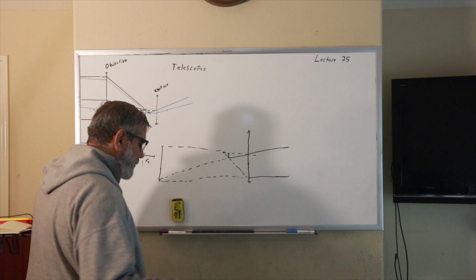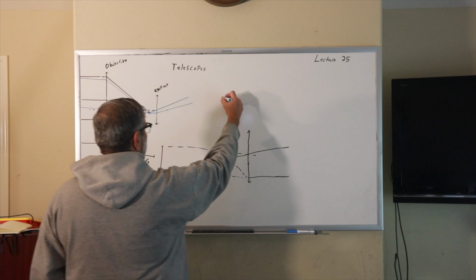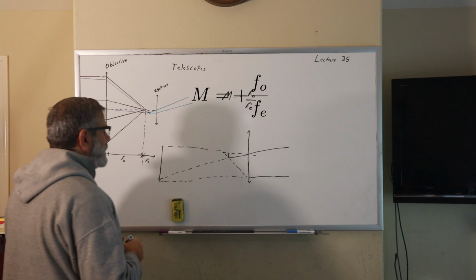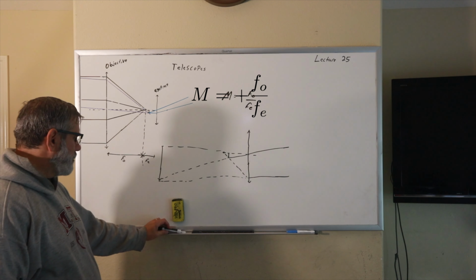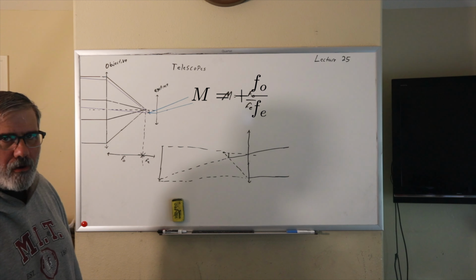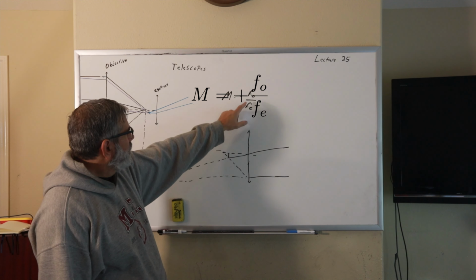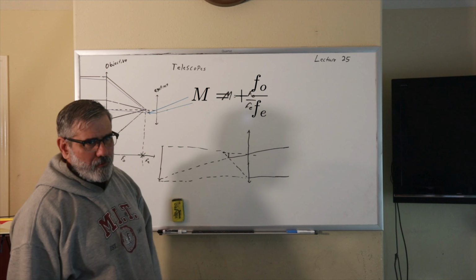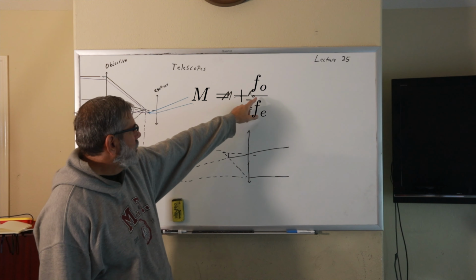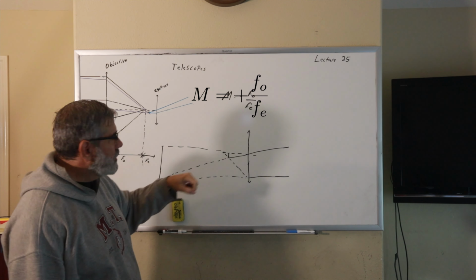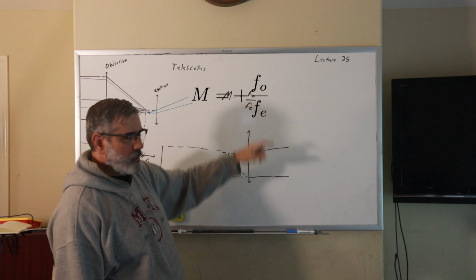And I will write down for you, what does the magnification turn out to be? FO over FE, okay? I'm not going to derive it. It's not that hard, but it's not important for what we're doing. So if you want to make the magnification really big, since these are both positive lenses, these focal lengths will be positive.